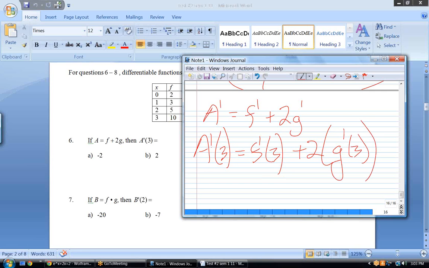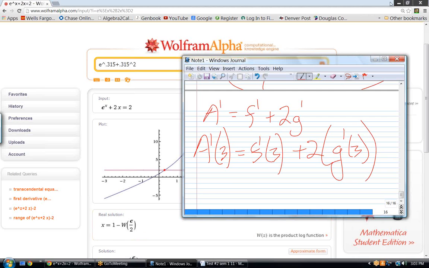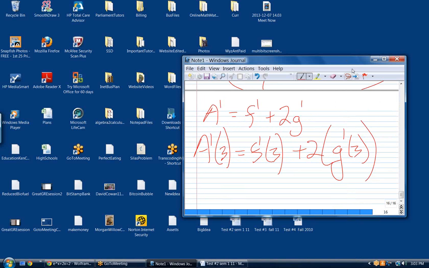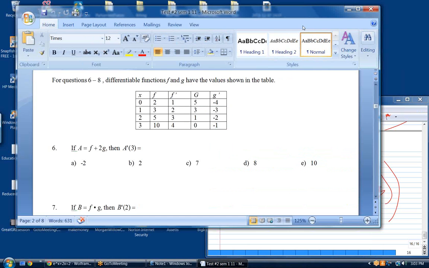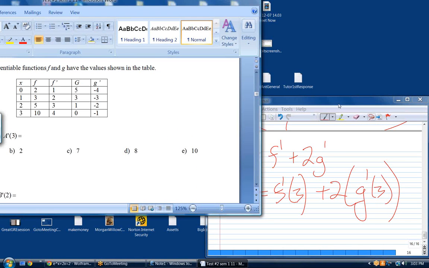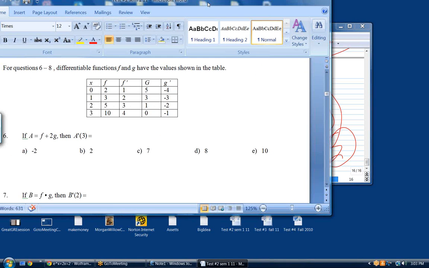From the table, F prime of 3 equals 4, plus 2 times G prime of 3, which equals minus 1, so the answer should be 2, which at least is one of the choices.